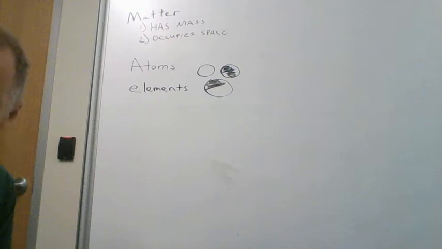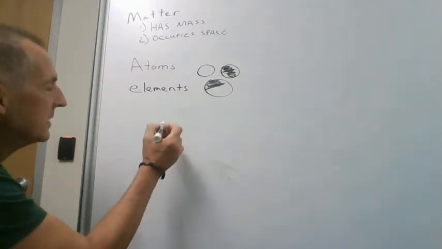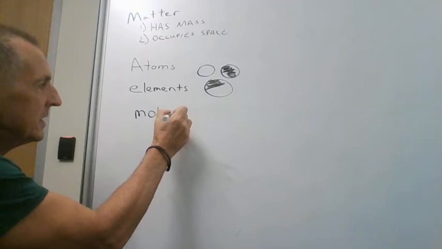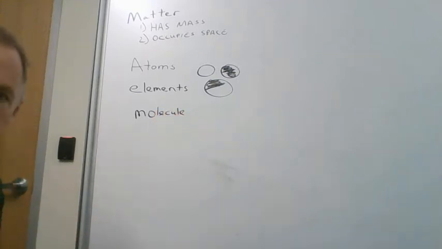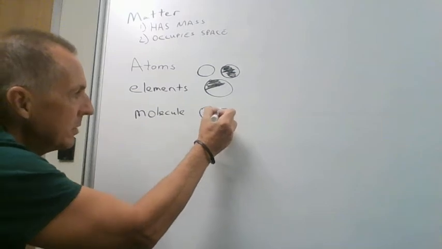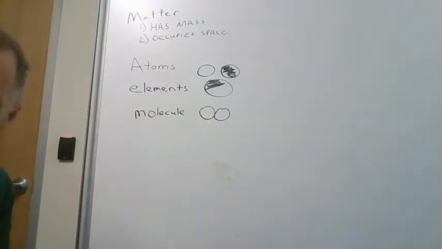So these atoms then can come together and form different compounds. If we have more than one atom connected to another by a chemical bond, it becomes a molecule. So you could have two atoms of the same type held together by a bond. For example, two oxygen atoms would be a diatomic molecule of oxygen.